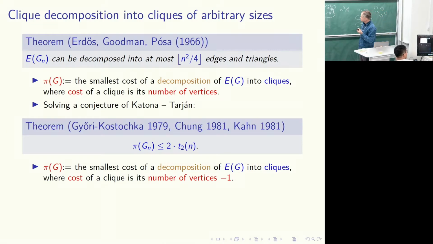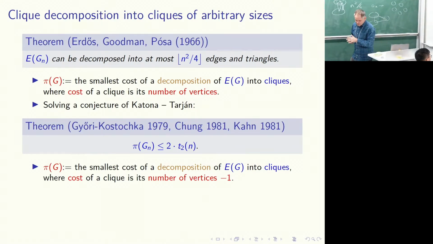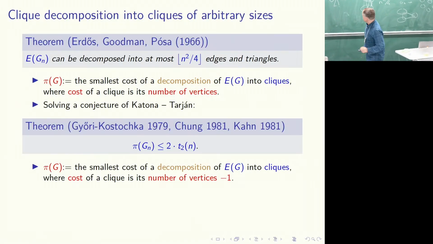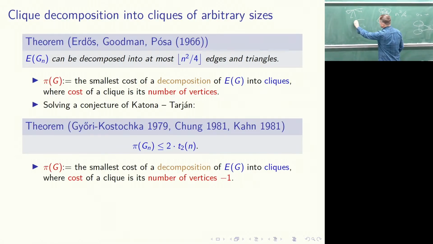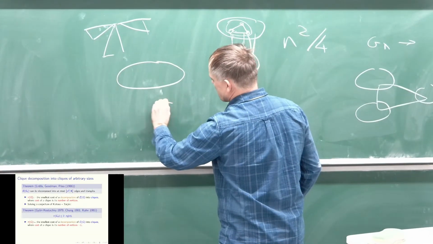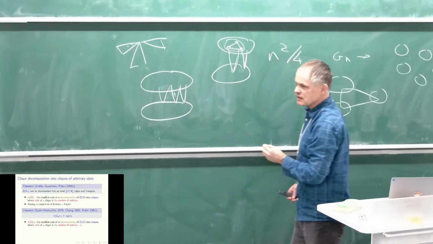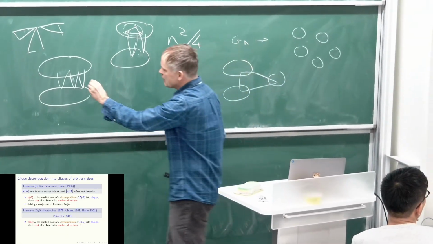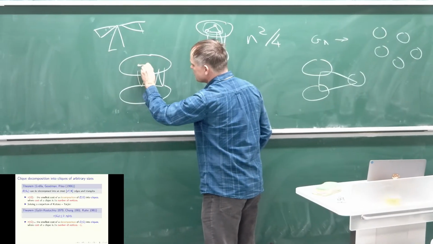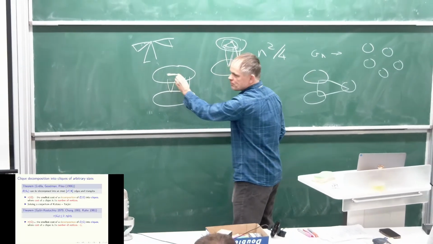And note that the problem suddenly becomes much harder, because let's say I have a complete bipartite graph and I add one edge.